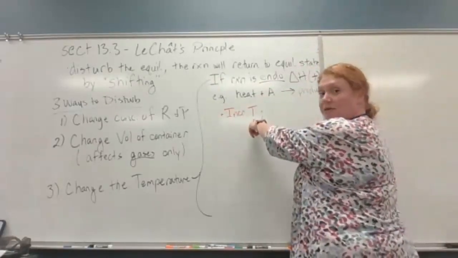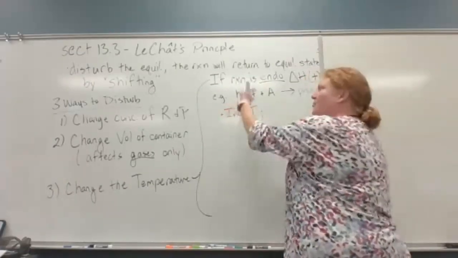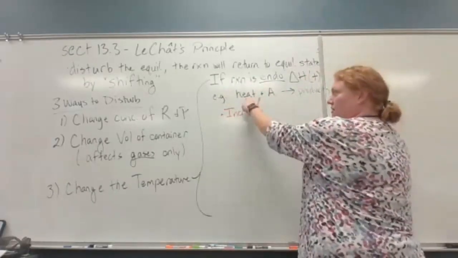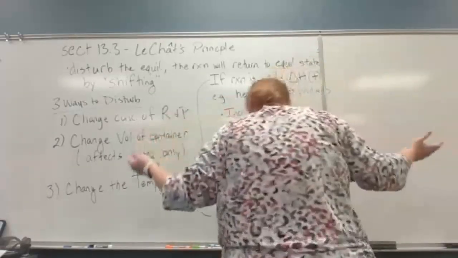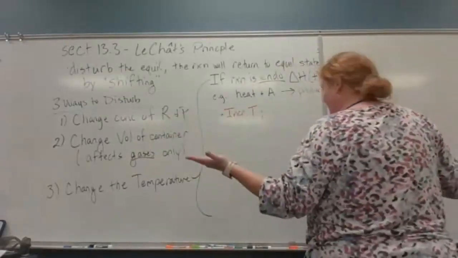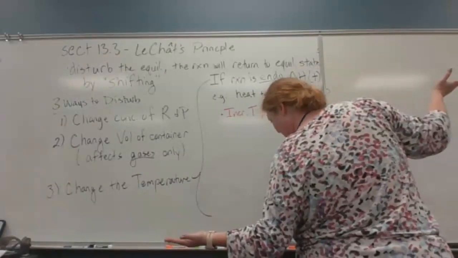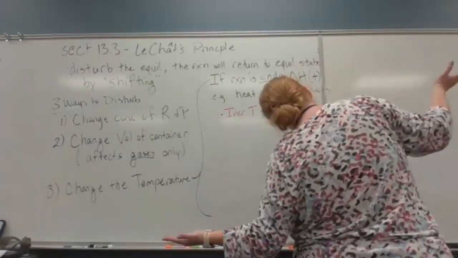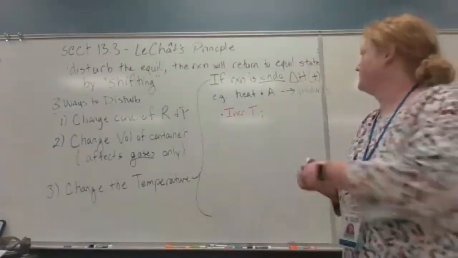When I increase the temperature, in this context, I'm increasing the amount of heat there, right? So if I'm increasing the amount of heat, the disturbance I've done is adding heat. How will the reaction shift to get back to equilibrium? Right. To the right.